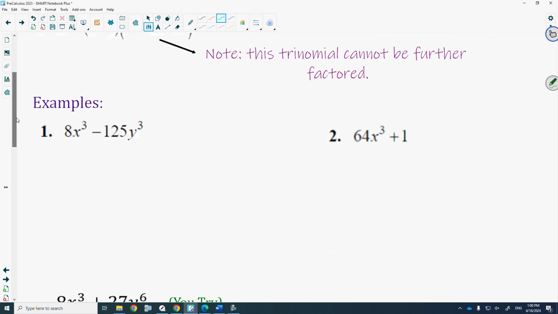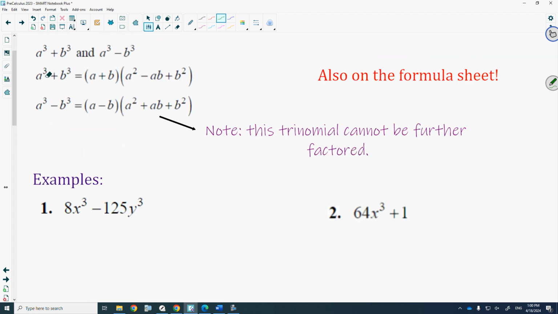Okay, so this one here, x cubed minus y cubed. I can't pull out a GCF, so this is going to be a difference of cubes. So how we want to do difference of cubes, because remember this is going to be new, is you want to figure out what is A and what is B, okay?